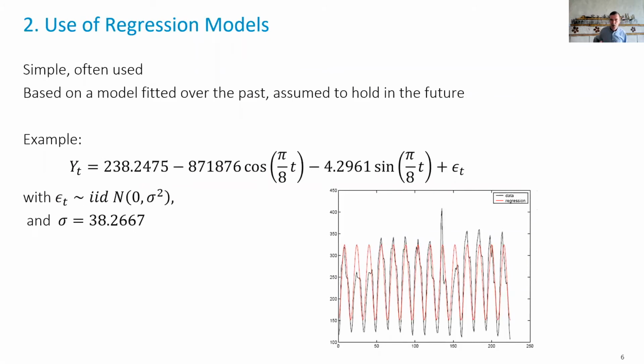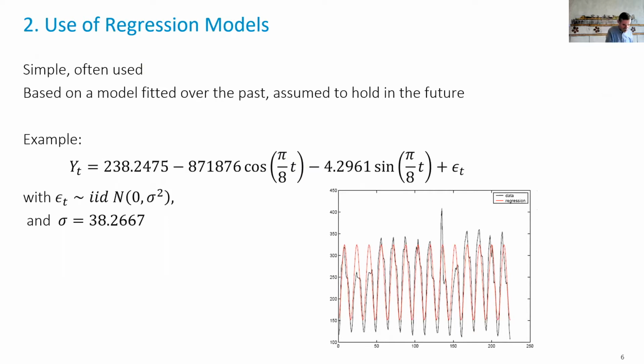There is one method we have seen already that we can apply for free, which consists in using a regression model. This is very often used, in particular in contexts where we want, for example, to instrument a system. For example, if you have a computer memory or a data center, and you want to take actions based on what could happen at some point in the future.